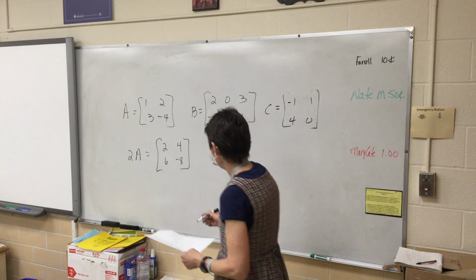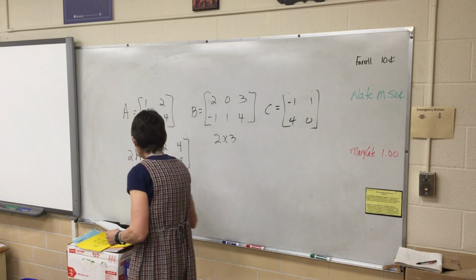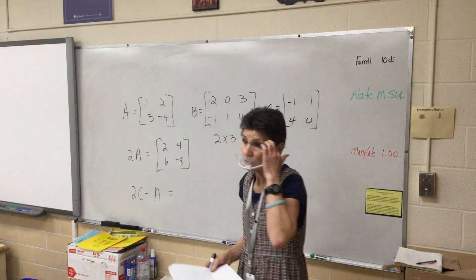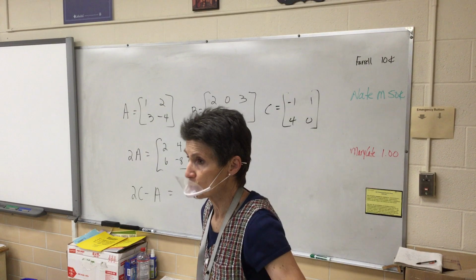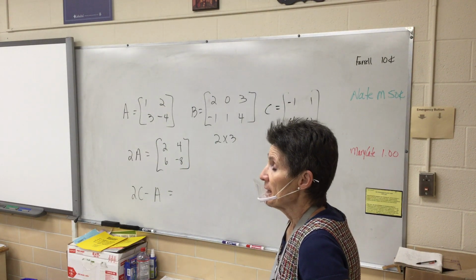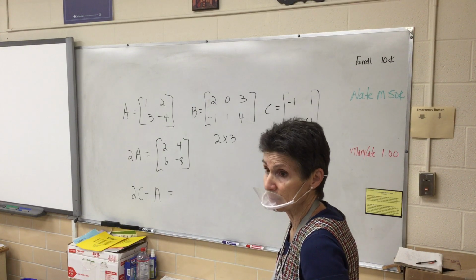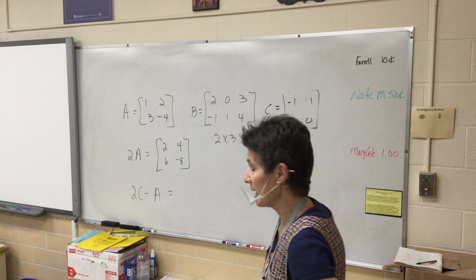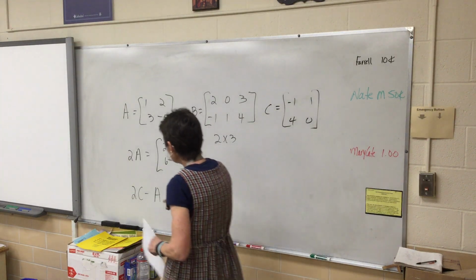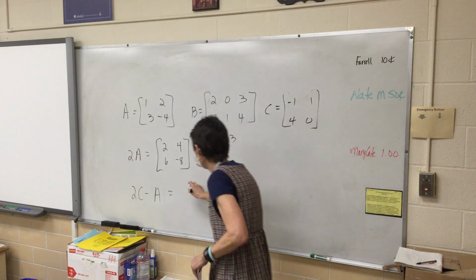All right, F, 2C minus A. Now, first of all, addition and subtraction have the same rules. You have to be the same size. Am I going to be able to subtract A and C? Is that going to be possible? Yes, because they're the same size. But the C has a 2 in front of it. So I'm going to multiply it.